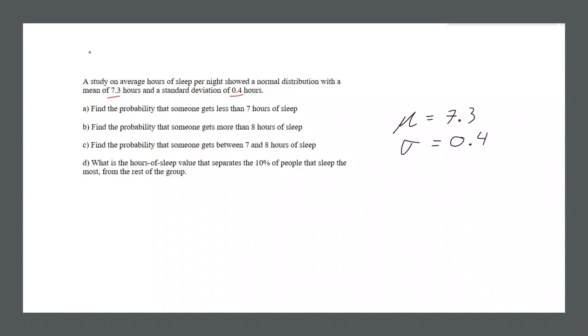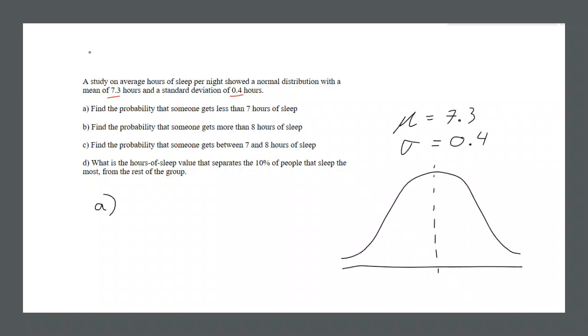And then we're asked to find some probabilities. Part A: find the probability that someone gets less than 7 hours of sleep. Now it's always helpful to draw a normal distribution for these kinds of questions.